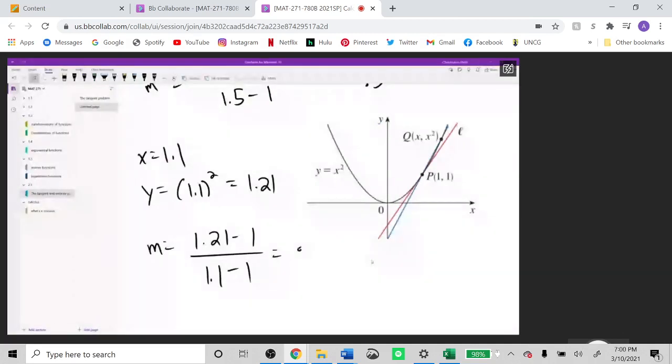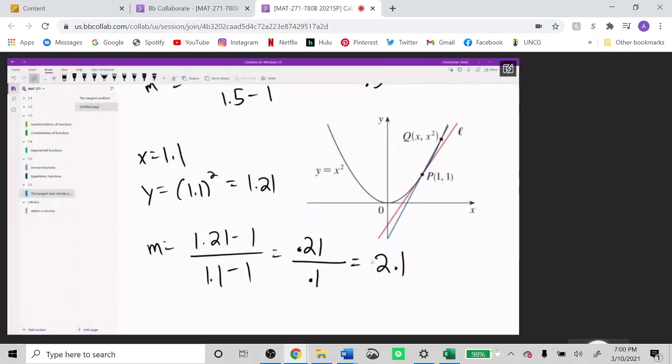This is 0.21 divided by 0.1. And this is 2.1. And this is closer. This is still an approximation, right?